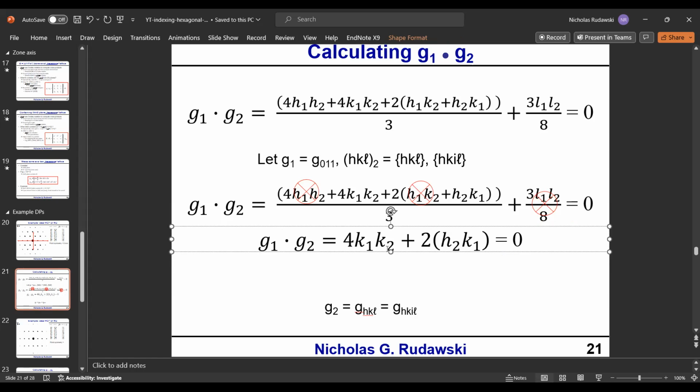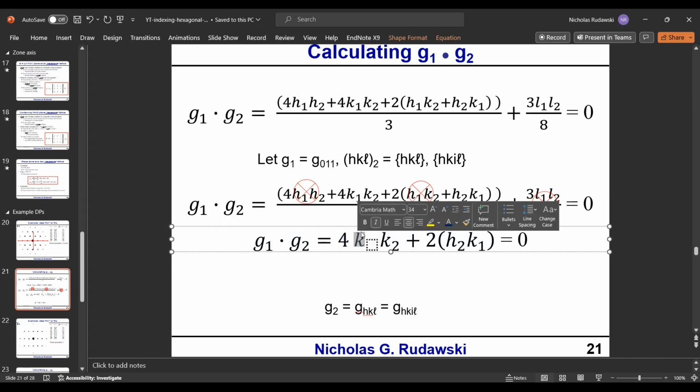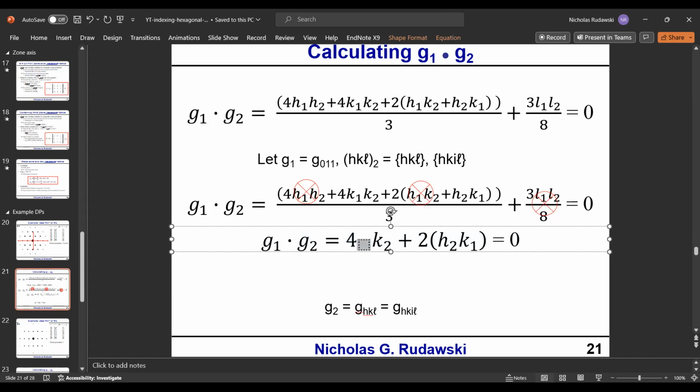Now we know that K1 is equal to 1, so we can substitute that in here. Equation editor, I hate you. Okay, so this is what we're left with.